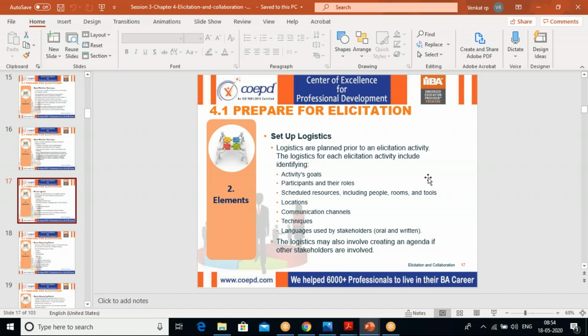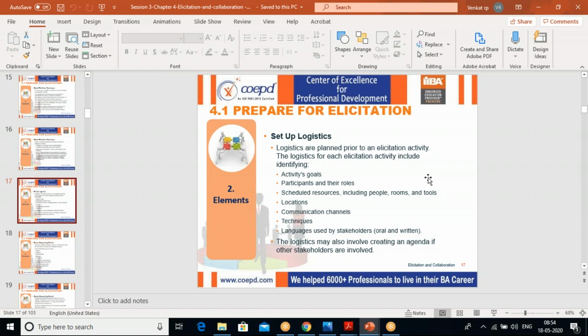Number one, what are the activity goals, who are the participants and their roles, and the scheduled resources, like who are the people involved, which conference rooms we are going to use, and what tools we are going to use. All this we will be considering, along with the locations, the communication channels, the techniques, and the languages used by the stakeholders. All this we will consider, and we set up the logistics.